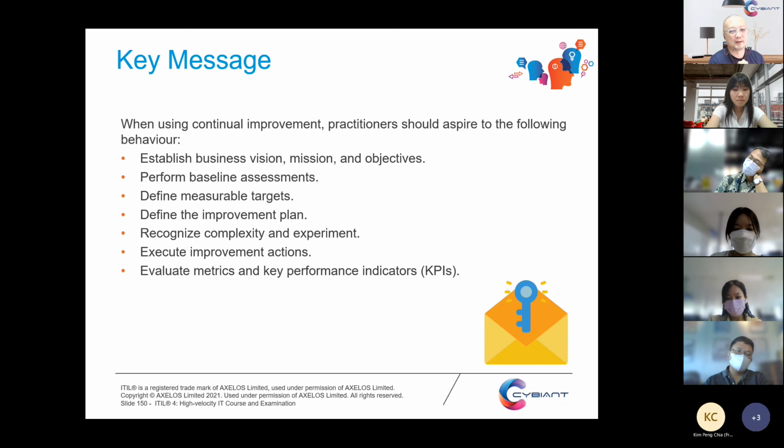So OODA, basically what we're saying is it helps you to establish the business vision, mission and objective, do a baseline assessment, define a measurable target, define an improvement plan, recognize complexity, execute it, and put it into a KPI.